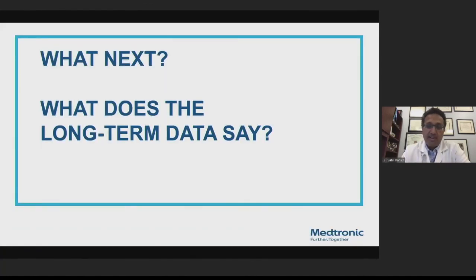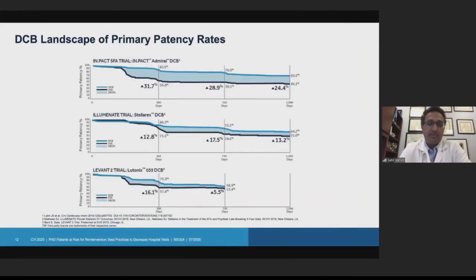So the long-term data, I think, are important to discuss with the patients as you get to informed consent. You'll see here that the three largest clinical trial programs, the IMPACT, StellarX, and Lutonix programs, have patency data out to 3 years.